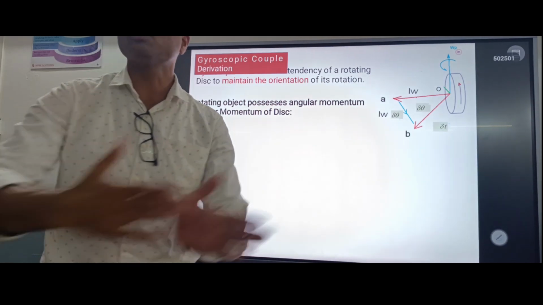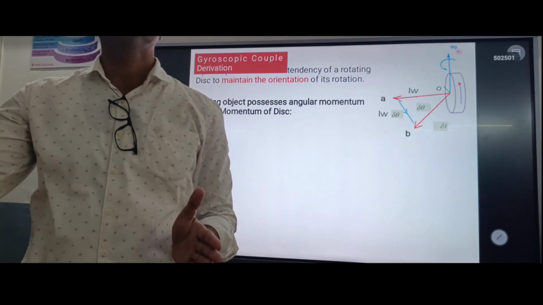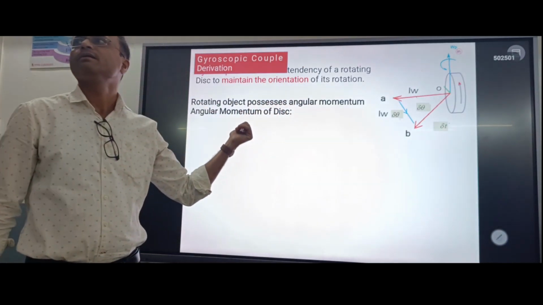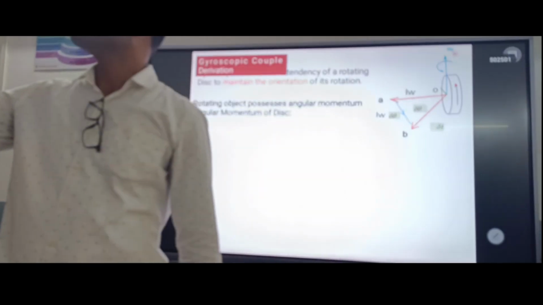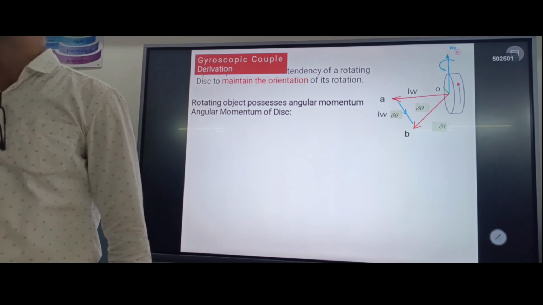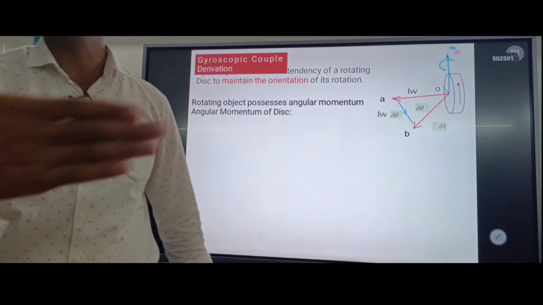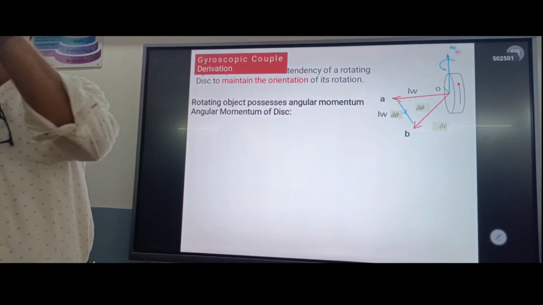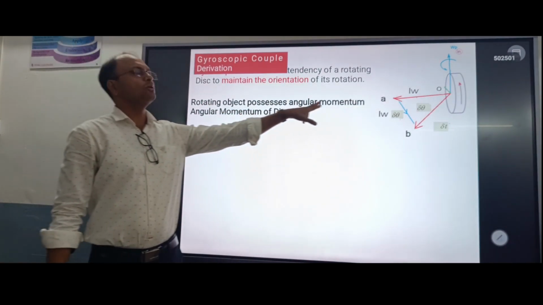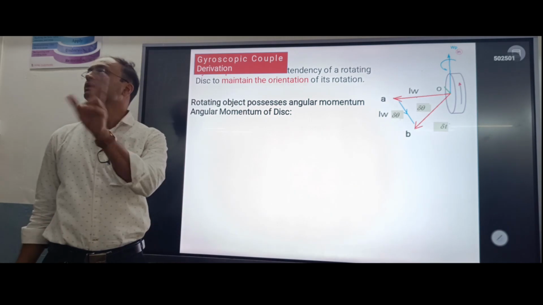That is for linear motion. जब कोई भी बॉडी linearly मूव रहे तो mass into velocity is called momentum. वैसे angular motion के लिए, mass is equivalent to moment of inertia I, and linear velocity is equivalent to angular velocity. So for rotary motion, angular momentum is given by I into omega.